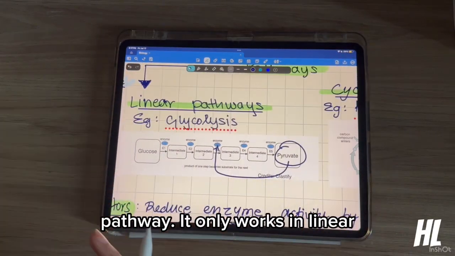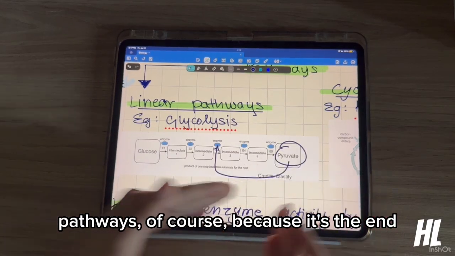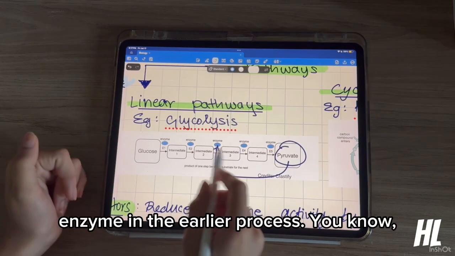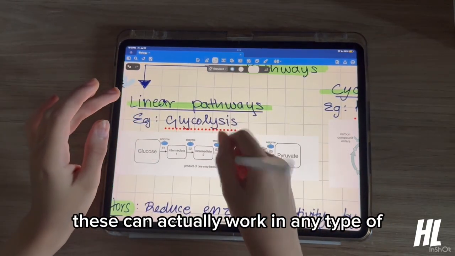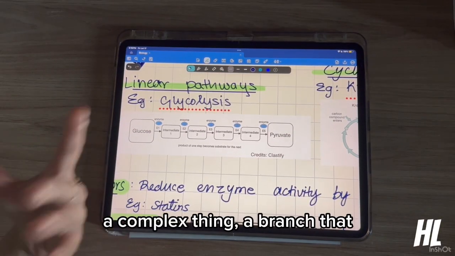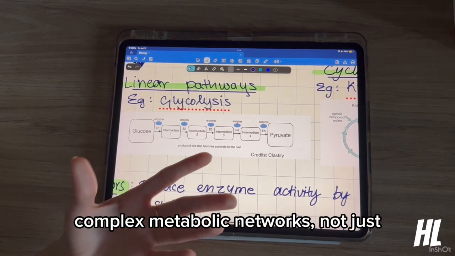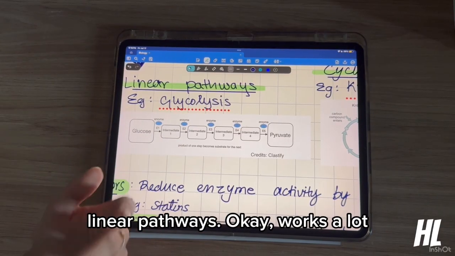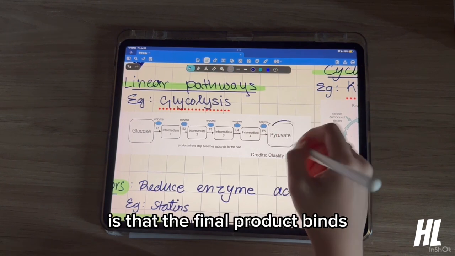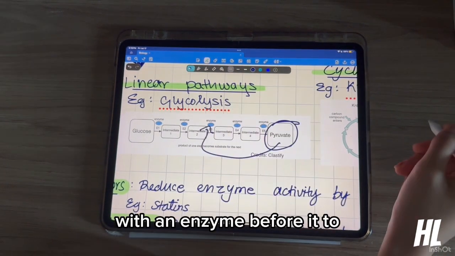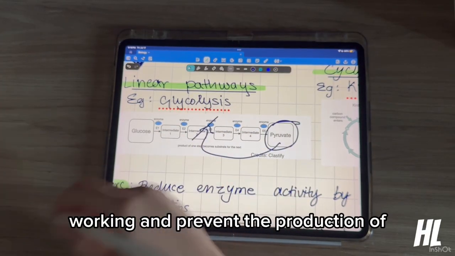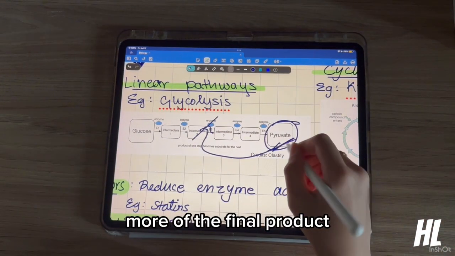It only works in linear pathways, of course, because it's the end product that comes to an enzyme in an earlier process. And these can actually work in any type of pathway. It's kind of a complex thing, branched and complex metabolic networks, not just linear pathways. Works in a lot of stuff, but the basic idea is that the final product binds with an enzyme before it to make sure that the enzyme stops working and to prevent the production of more of the final product.